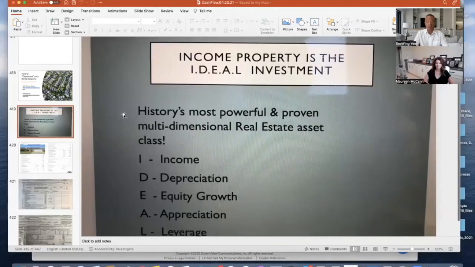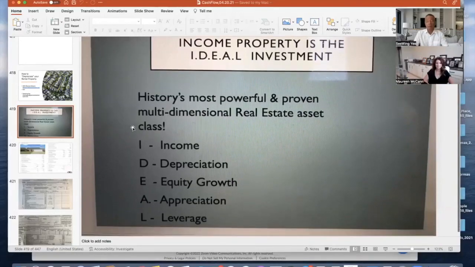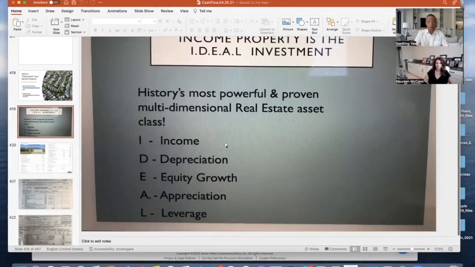We have discussed many components of rental property from time to time, Maureen and myself, but today we will talk about depreciation and the tax benefit aspect of owning a rental property.